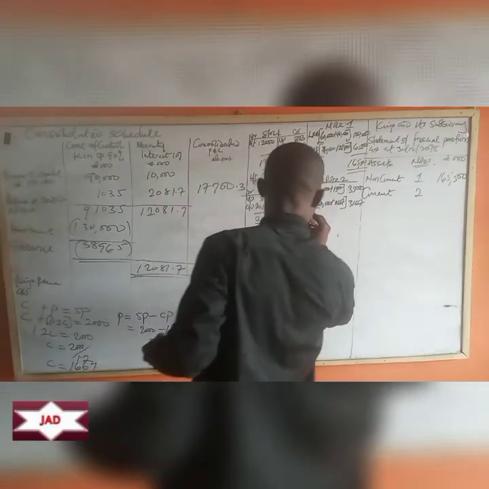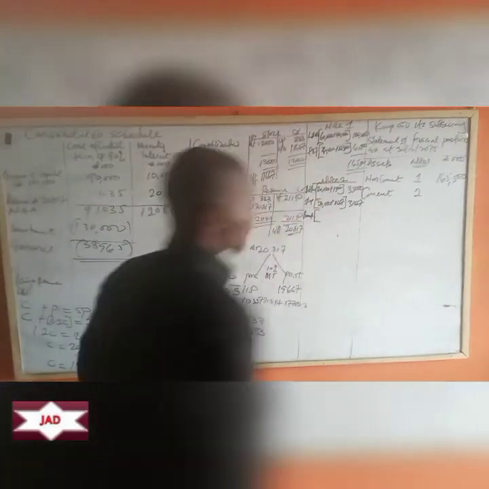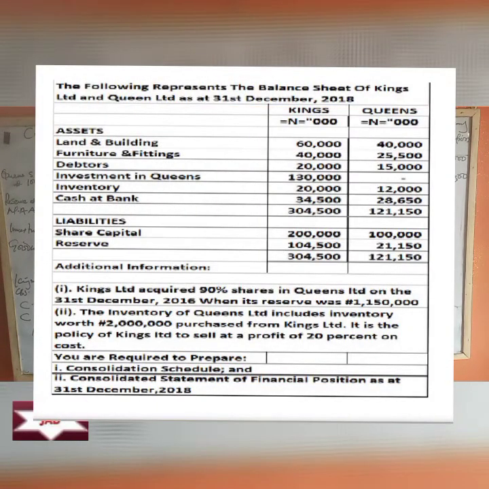We have the bank. What's our bank there? Bank is 34,500 plus 28,650.